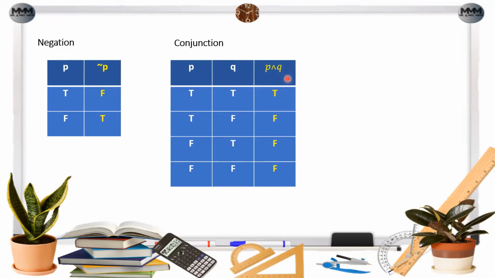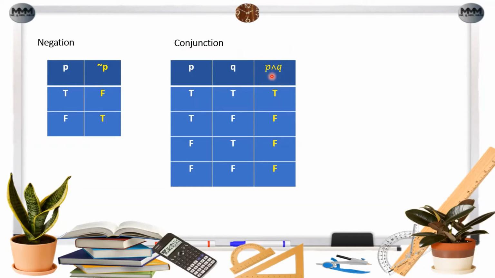Now let's try to determine the truth value of the proposition P and Q. Conjunction, this is P and Q. Again, as I have said a while ago, for this connective, conjunction, this proposition is only true when both P and Q are true.